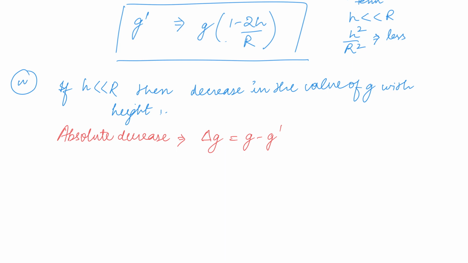Since the bigger term is small g, we have written this here. So this will be 2hg upon R.